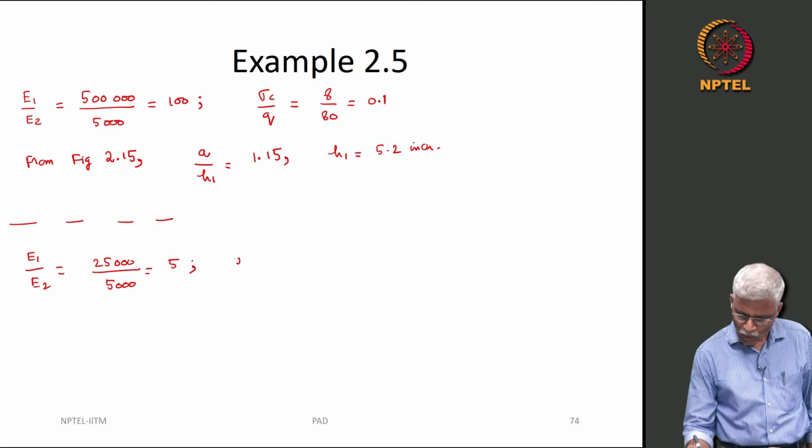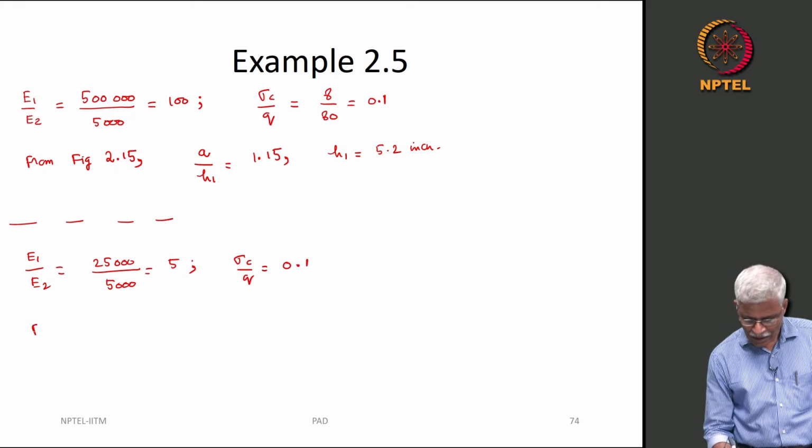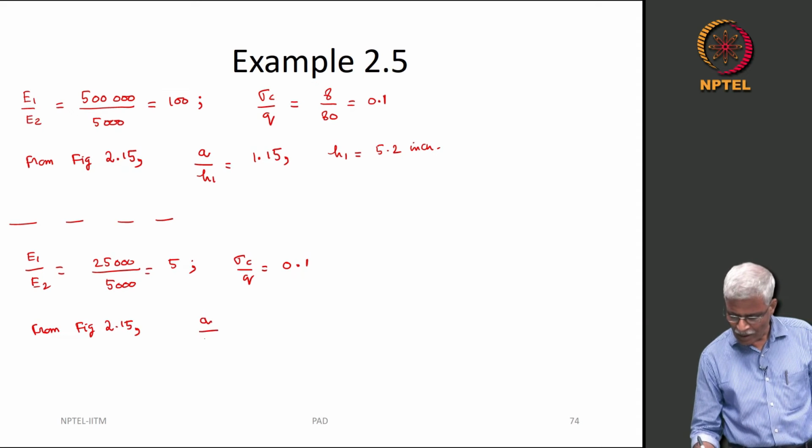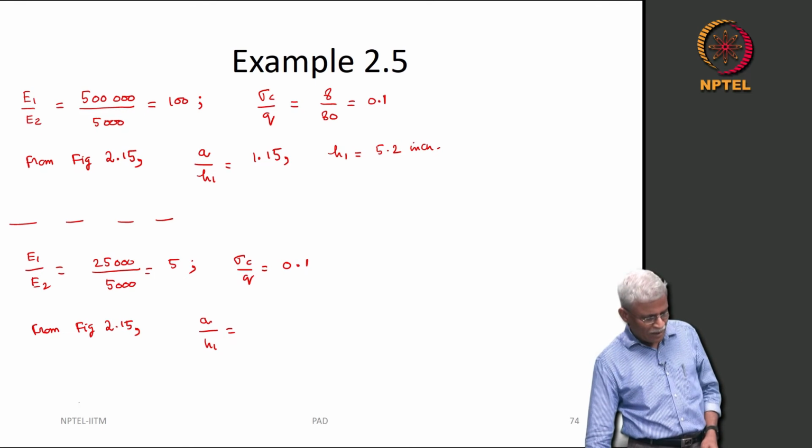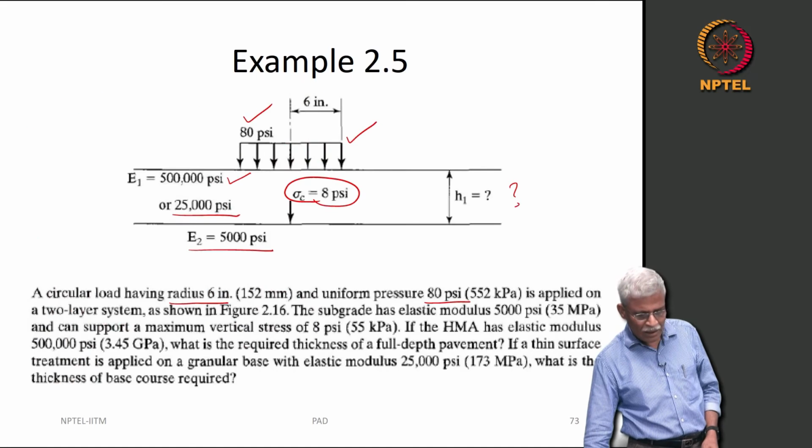Sigma c by q is equal to 0.1, and again from figure 2.15, A by H1 is equal to... So, let us go to the A by H1 chart.